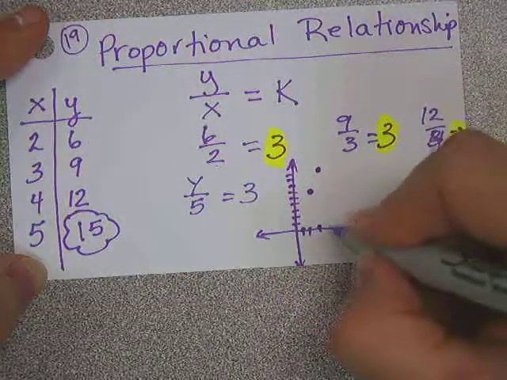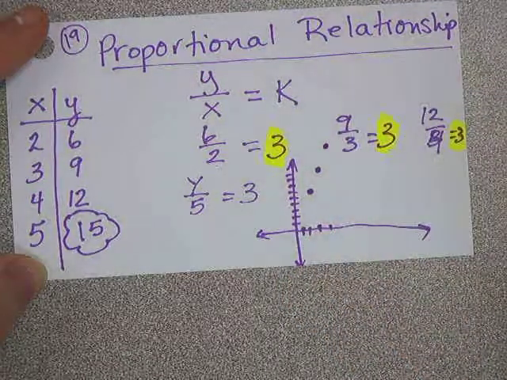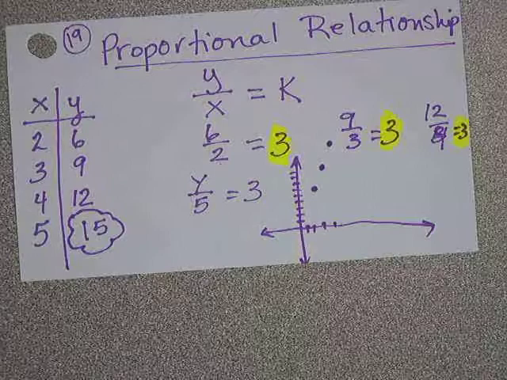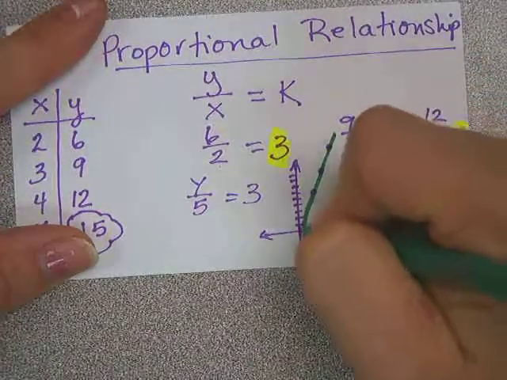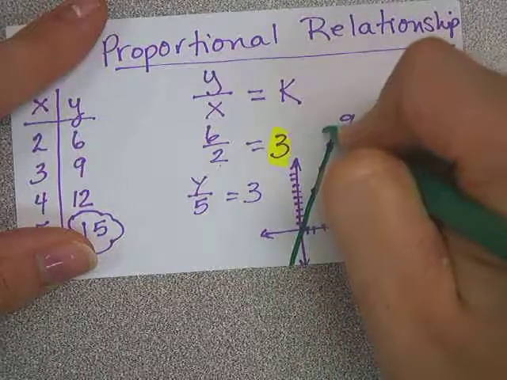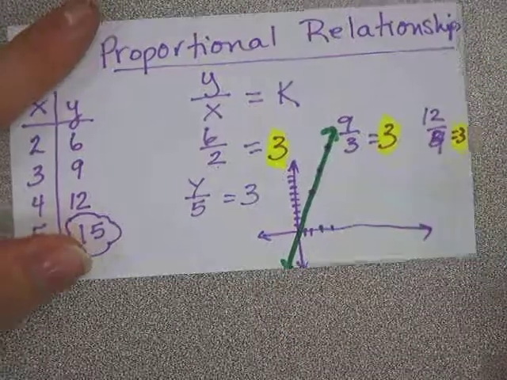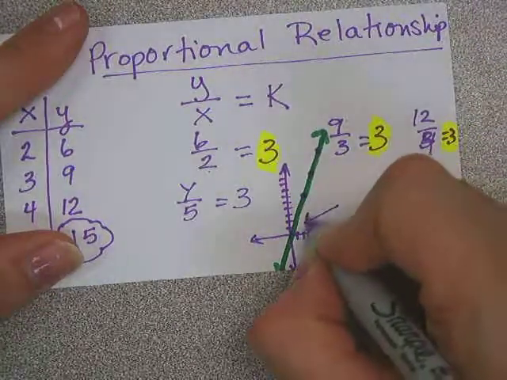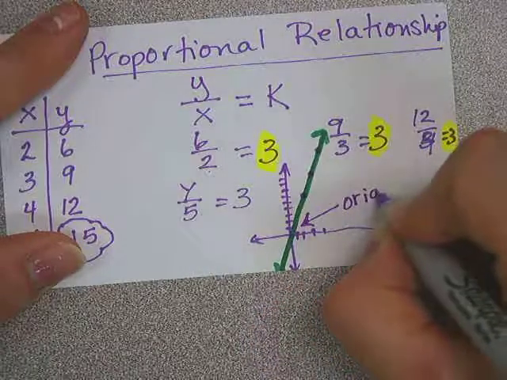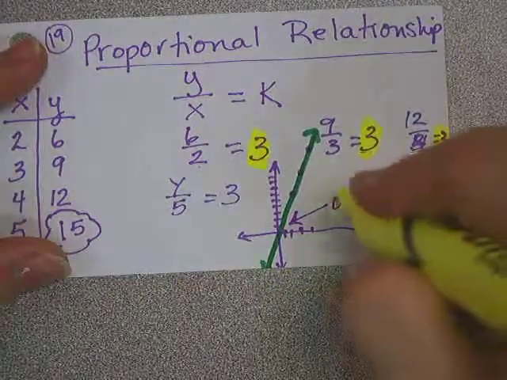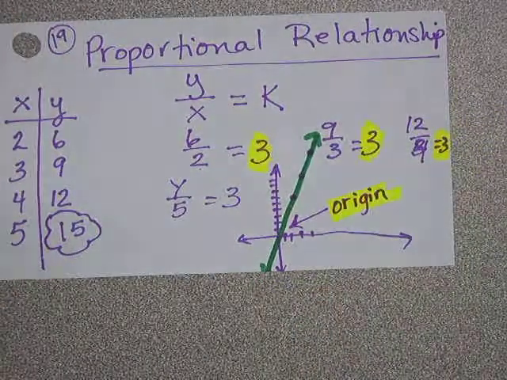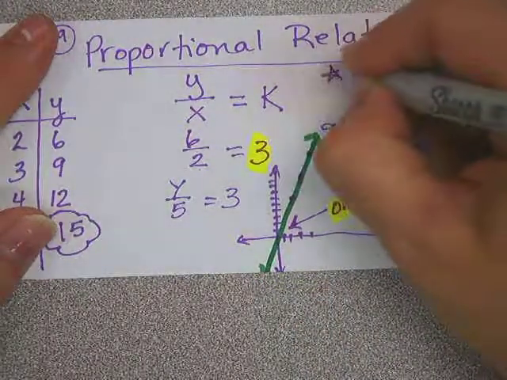Over 3, up 9. Okay. A proportional relationship, the points are always going to make a straight line. But even more than that, they're going to make a straight line that passes through the origin. That's how you'll be able to spot if something's proportional or not.